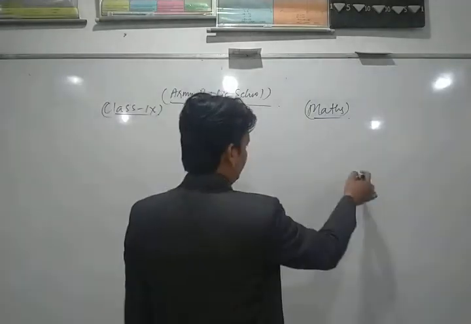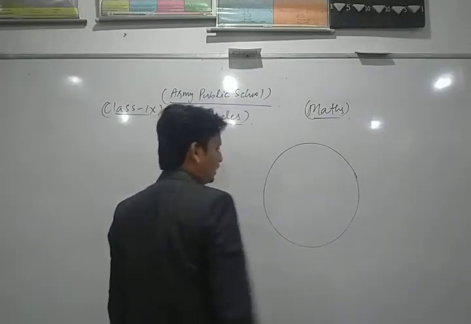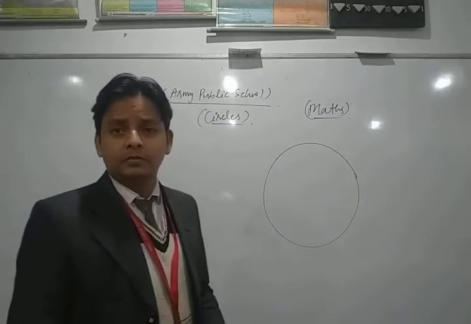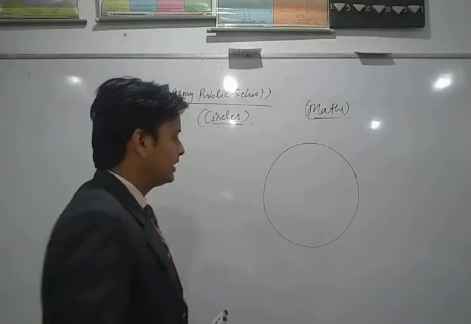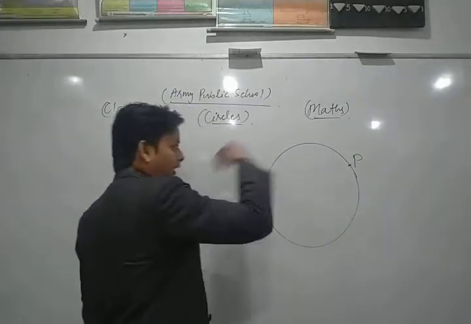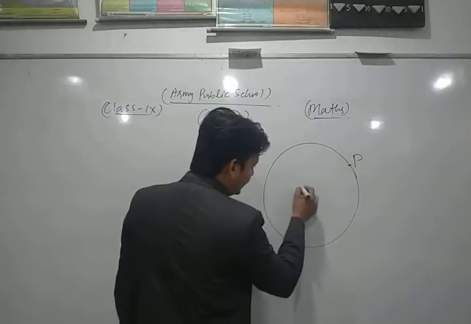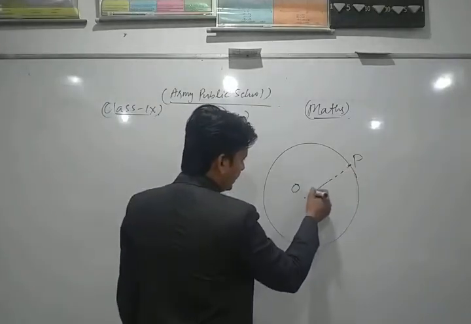You know that very well, dear students. Suppose that a moving object moves in a plane in such a way that its distance from a given fixed point is always constant.